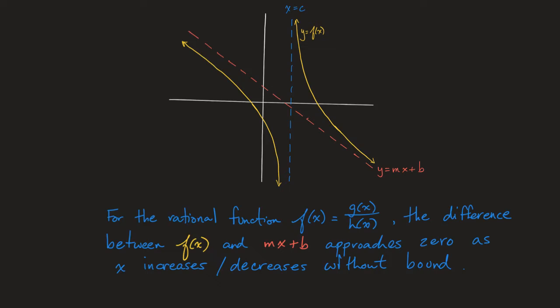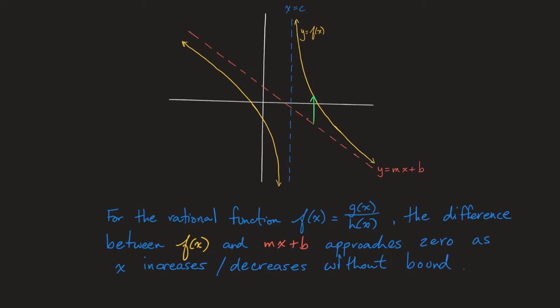I'm going to mark up that diagram a little bit so we can see that this is really just stating the obvious for us. If I take this particular x value, I would notice that the gold graph subtracted from the red graph would give me the length of that green arrow. That's the distance between them, or the difference between their y values.